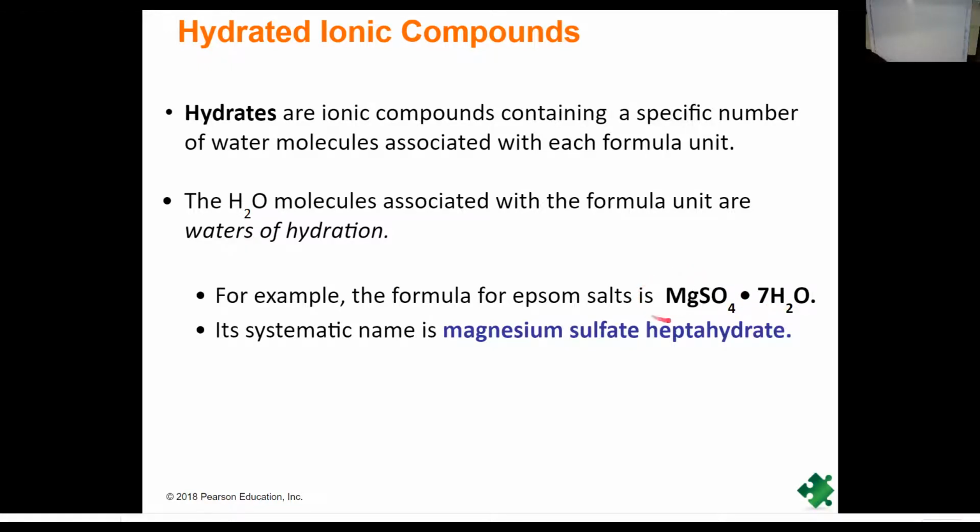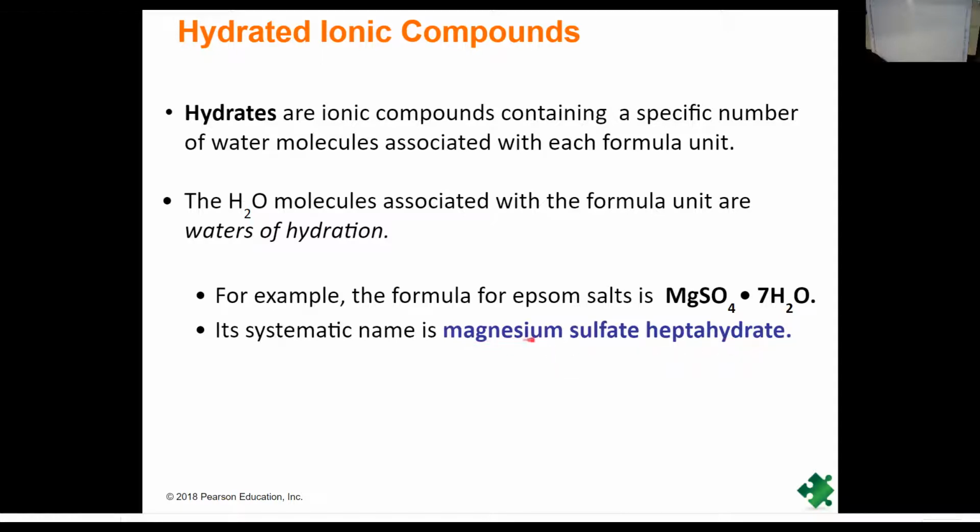So we're going to name this ionic compound the same way we name any other ionic compound. So it's magnesium sulfate. Then we're going to take a breath, put a space in there, and then we're going to indicate how many waters are attached. There's 7 waters here. That's where that hepta comes from. And then the word hydrate, and hydrate means water.